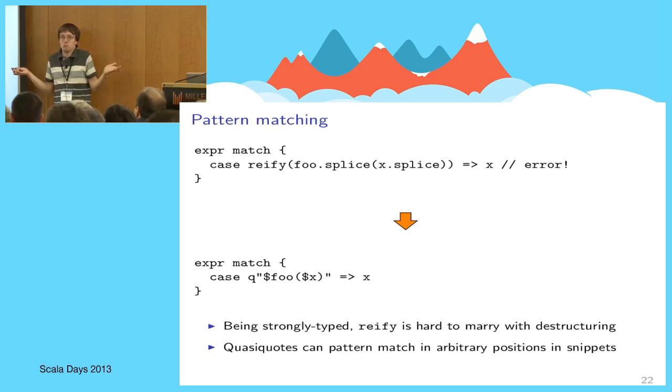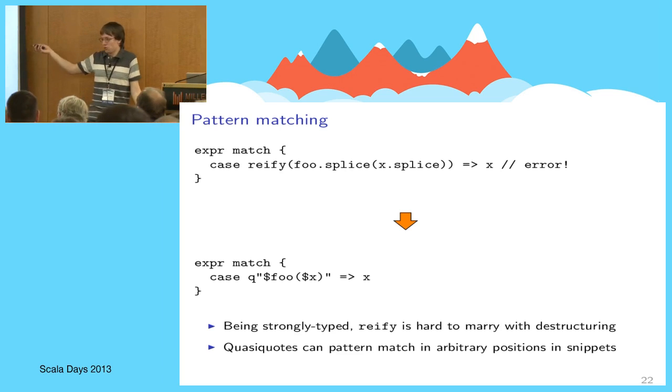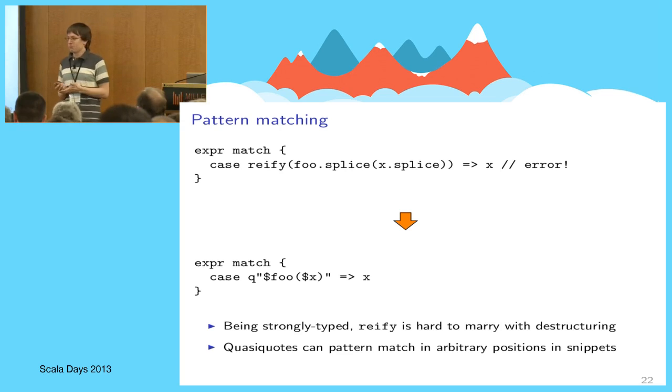So how do you express that? Well, it's possible, but it's not quite intuitive. But with quasiquotes, just as you compose trees, you can decompose them. So here you just write $foo, $x, and the respective parts would be bound to respective variables. Well, isn't that great? So I would like to once again thank Denis. It's an awesome project, and I think it simplifies macro development a lot.